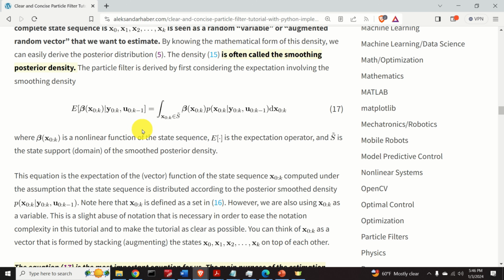For example, if you want to compute the mean of the estimated state sequence, then beta will be simply equal to x0 until k. However, the issue over here is that we don't know the smoothed posterior density, and we cannot compute or approximate this expectation integral.